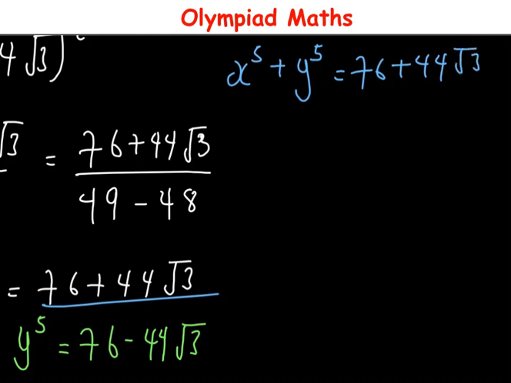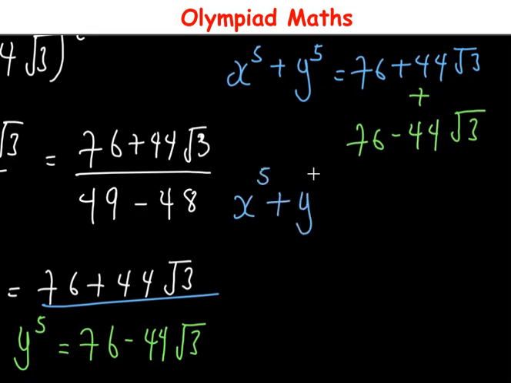We are adding it with y to the power of 5, which is simply 76 minus 44 root 3. If we do this, we have x raised to power 5 plus y raised to power 5 equal to 76 plus 76, which will equal 152, and the root 3 terms cancel, so we are left with 152.